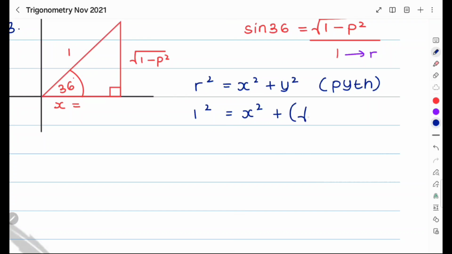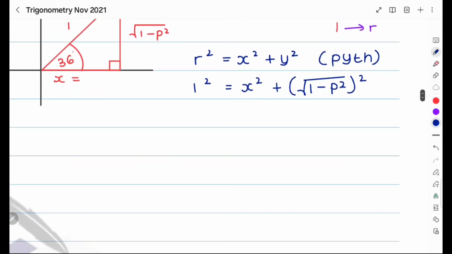Y is the square root of 1 minus p squared, and that is squared. From here we are going to solve for x. So 1 squared is 1, we have x squared, and we know that squared and square root will cancel each other out, leaving us with 1 minus p squared.